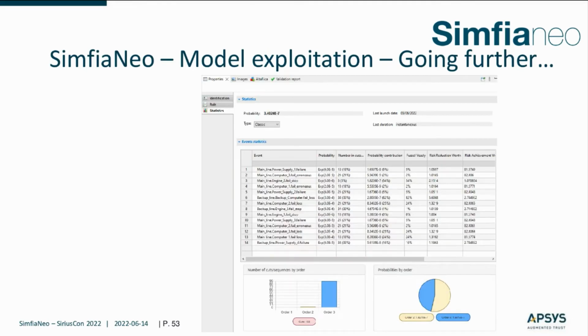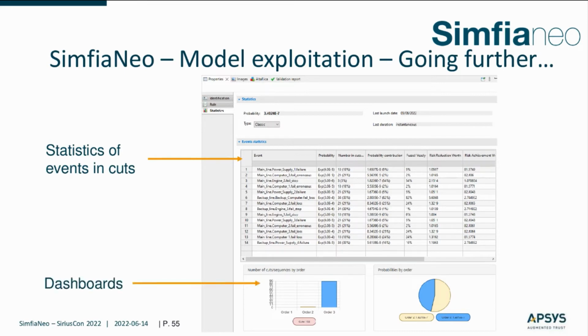And this is why we developed also dedicated sections in the properties views, where we embed some net tables for statistics on these transitions and some HTML dashboards and other kind of indicators that can help the analyst have another view of its results.